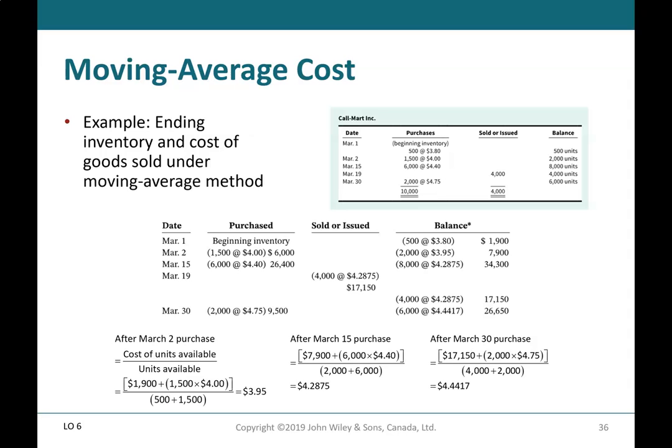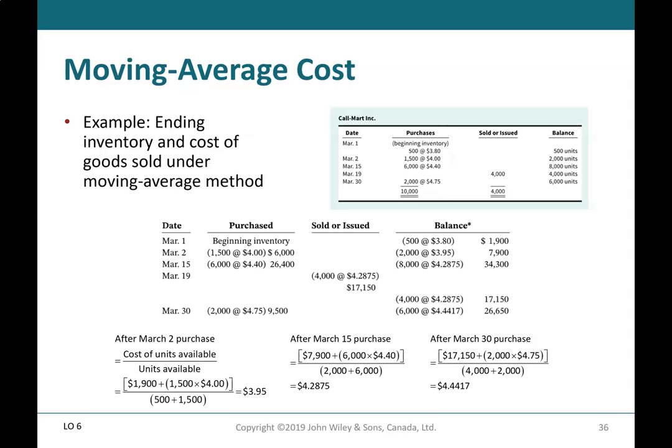Moving average cost. Example, ending inventory and cost of goods sold under the moving average method. We start with our March 1st beginning inventory. Then you have your March 2nd purchase. You have your March 15th purchase. Before you make the sale, you have to add up your total balance in your inventory count.